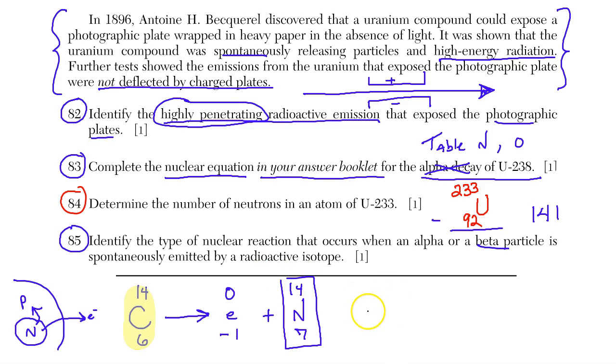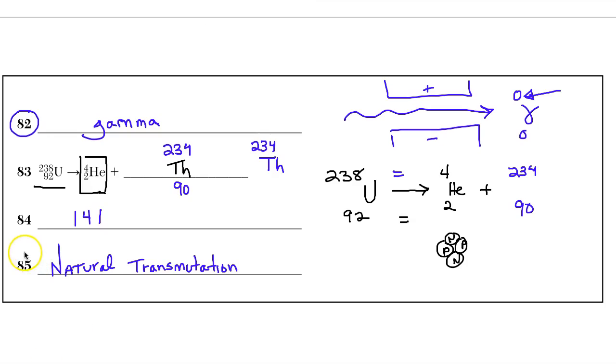You could also call it nuclear decay, radioactive decay, natural transmutation. I think the best one is natural transmutation. What I could not accept is artificial. Artificial would be if we had this colliding with something else, if there were two things on the reactant side. So the answer is natural transmutation. They'd accept decay, radioactive decay, nuclear decay, natural transmutation.